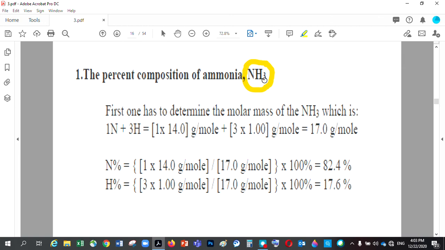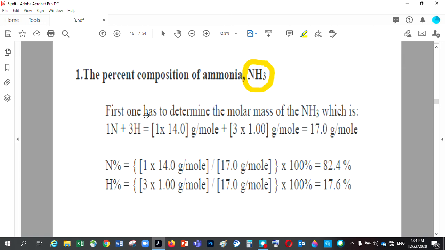How much percentage hydrogen? It turns out, with the help of the atomic masses of each element, I make the ratio between those atomic masses and the overall molar mass of the whole molecule of ammonia, multiply by 100, and I get the mass percentage of that element within this molecule.